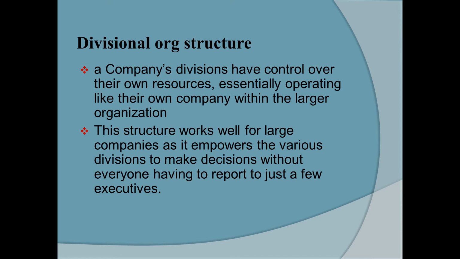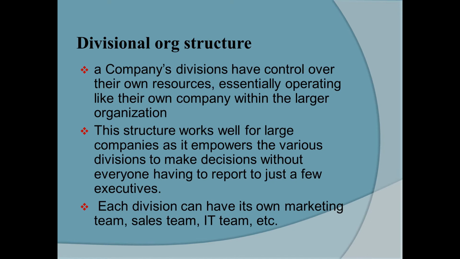This structure works well for large companies as it empowers the various divisions to make decisions without everyone having to report to just a few executives. So each division can have its own marketing team, sales team, IT team, and the like.